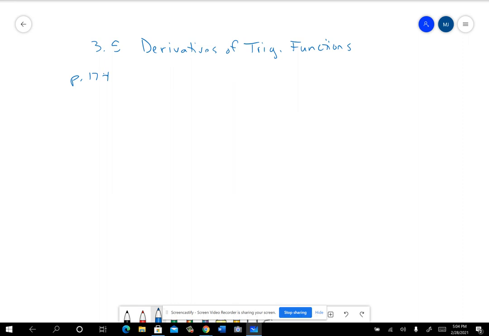Okay, that just reminds you, if f of x equals sine x, and I'm just going to use a different letter over here, cosine x. Then f prime of x for sine: the derivative of sine equals cosine.